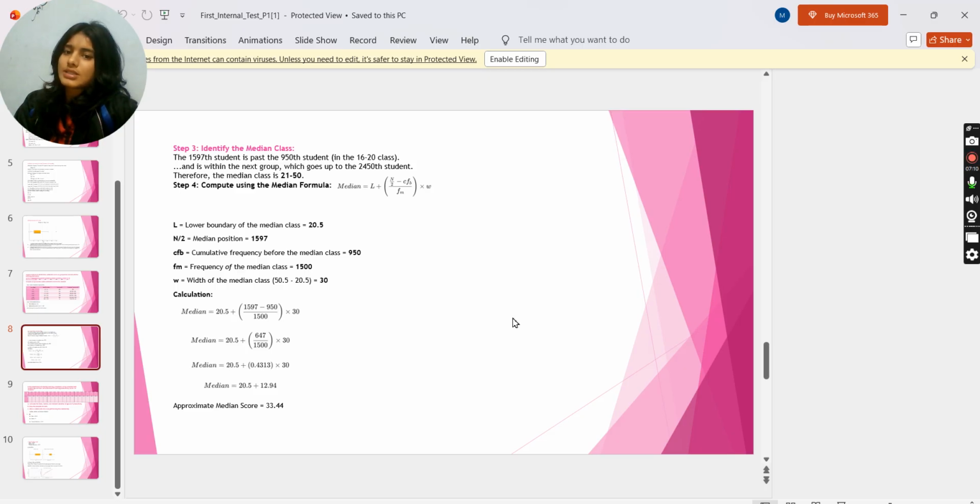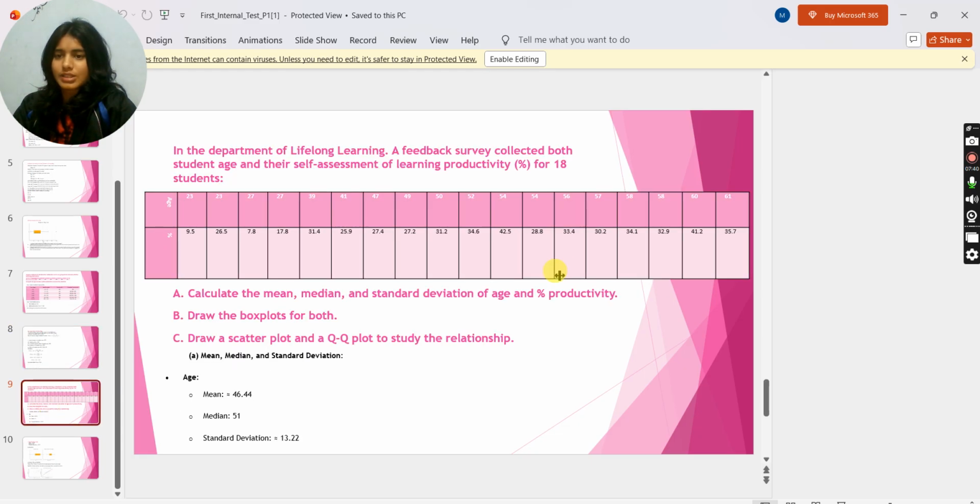Median is equal to L plus ((n by 2 minus CF) upon frequency) into W. L is the lower boundary of the median class, which is 20.5, n by 2 is the median position, which is 1597, CF is the cumulative frequency before the median class, which is 950, f is the frequency of the median class, which is 1500, W is the width of the median class, which is 30. So we will calculate it by putting it in the formula.